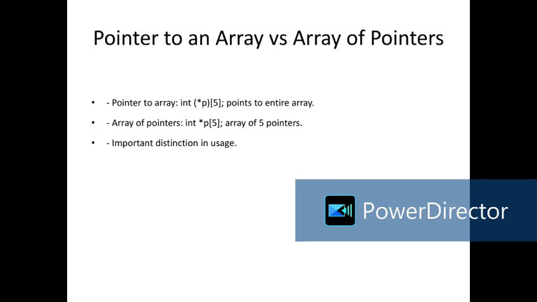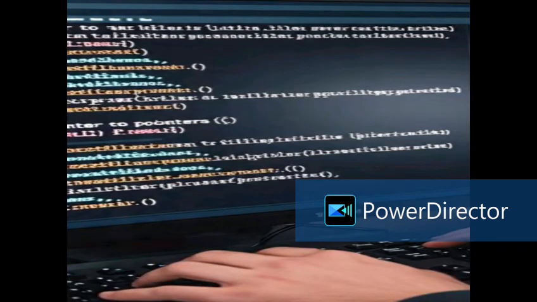Use int *p[5] when each element can point to a different array, like strings or rows of different lengths. There's an example here. Think of this slide as a fork in the road. Choose the right structure based on whether we are pointing to the whole block or to individual pointers.